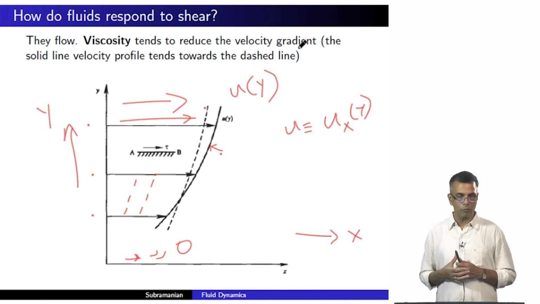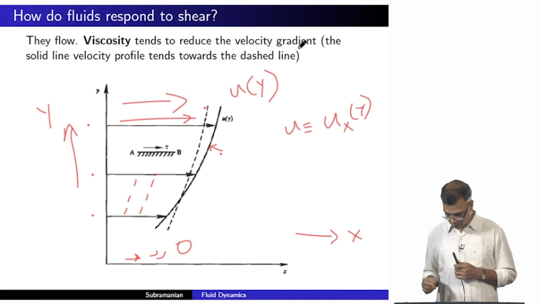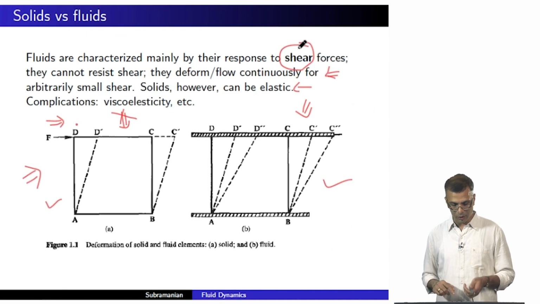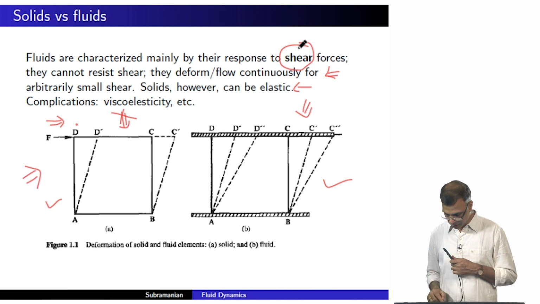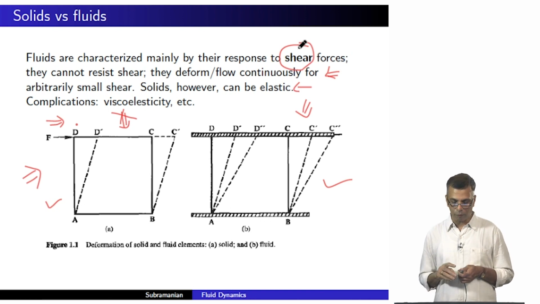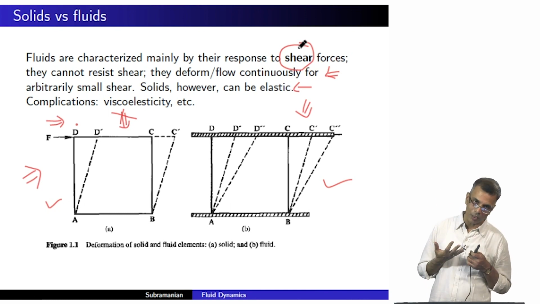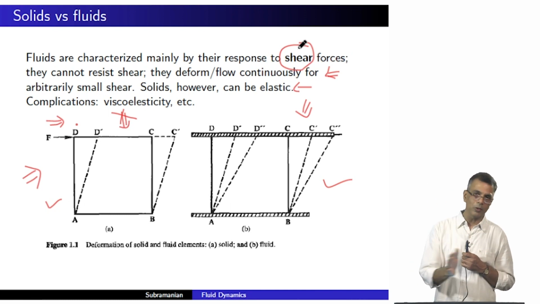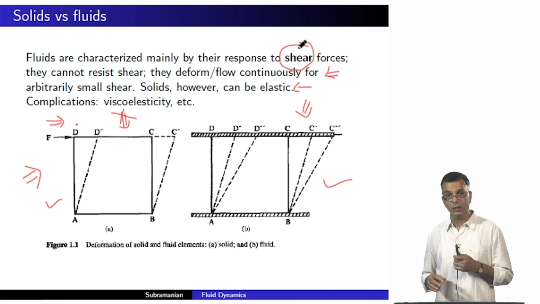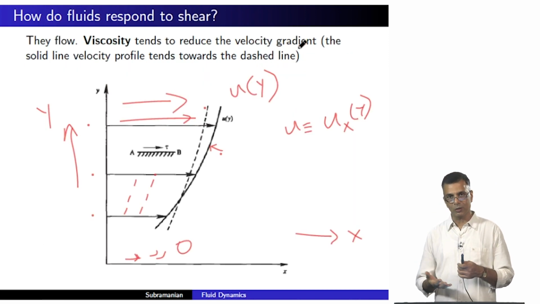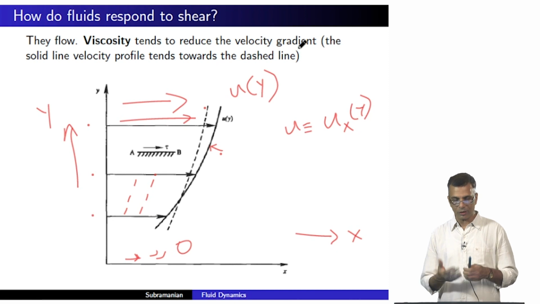We will come to a more formal definition of viscosity in due course, but for the time being, since we talked about the distinction between solids and fluids, and we hinted at the fact that fluids are characterized by viscosity, whereas solids are characterized by elasticity, and since we're mostly concerned with fluids, I thought I would give you a general, broad definition of what viscosity is all about, and this is it.